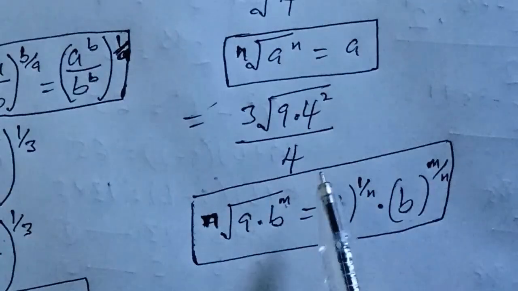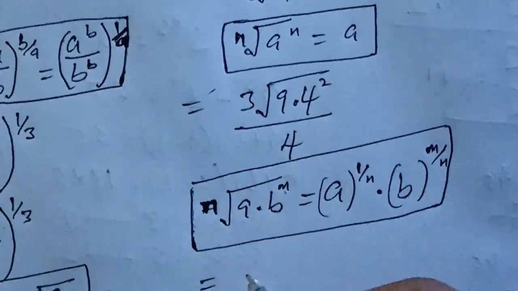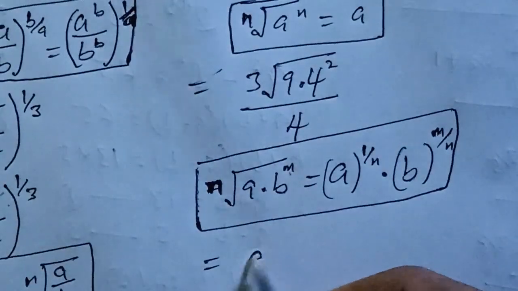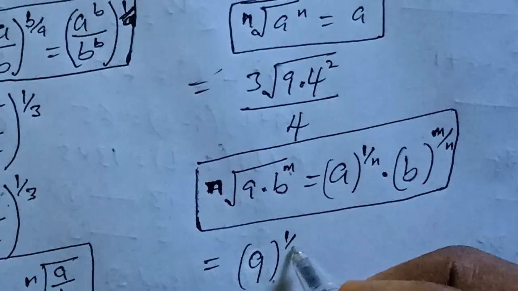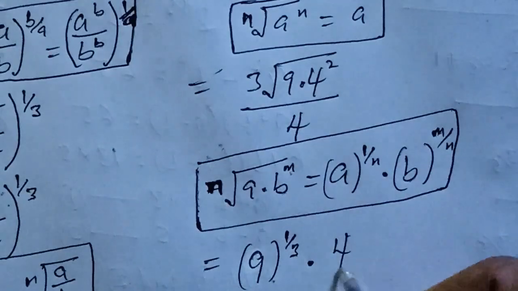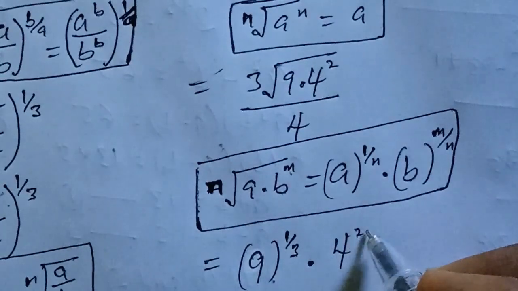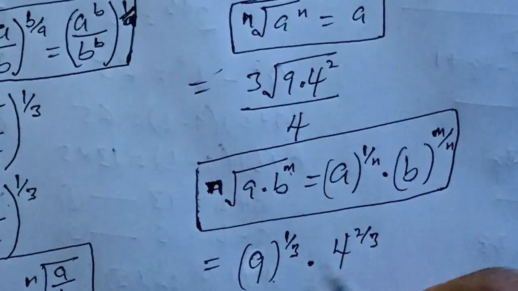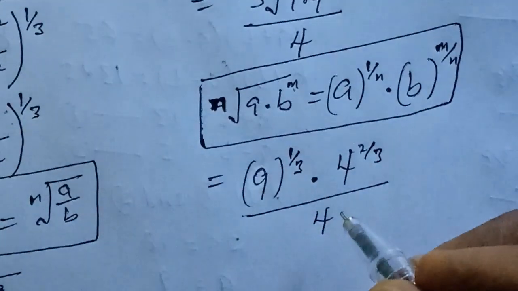So we consider this to simplify the numerator, and the next step becomes 9 in brackets raised to power 1 over 3 multiplied by 4 raised to power 2 over 3, then over 4.